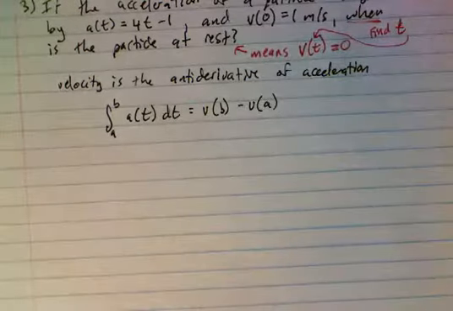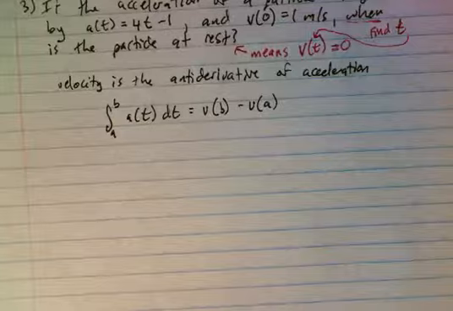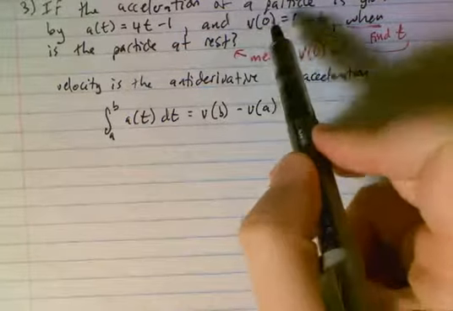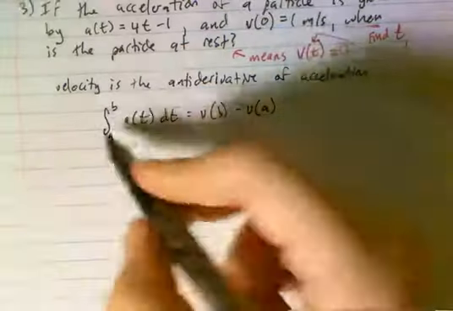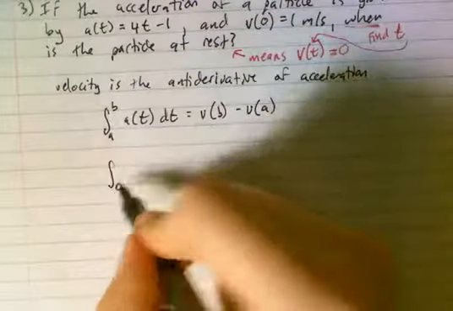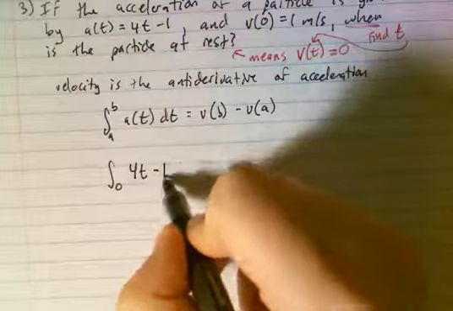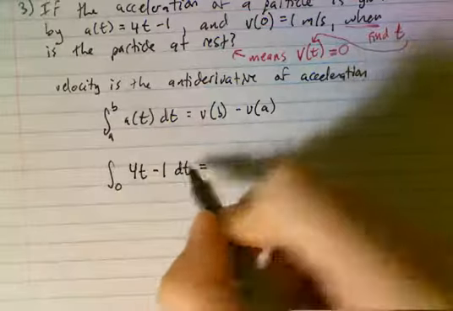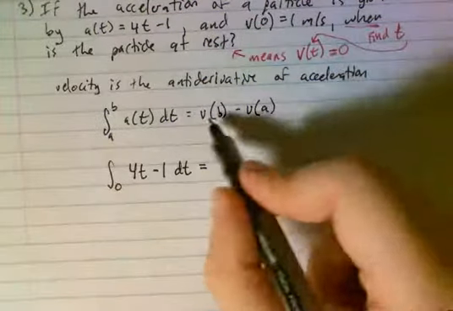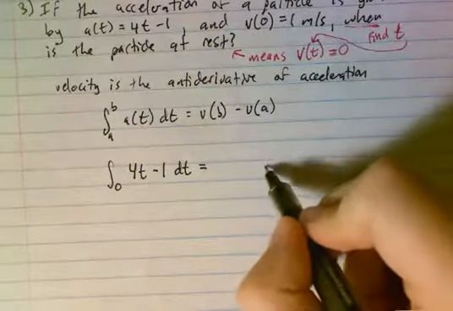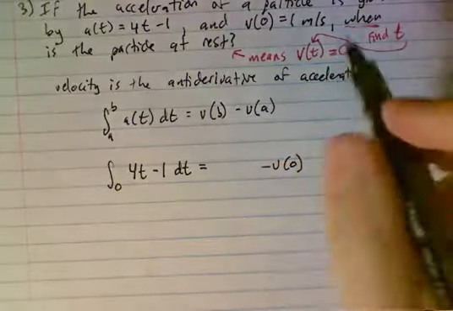Now, the thing is that we don't really know exactly what these two velocities are. We know that when time is 0, v is 1, so clearly one of our bounds is going to be 0. We have an equation for a of t, 4t minus 1 dt. We can see that this a is 0, so we've got minus v of 0.